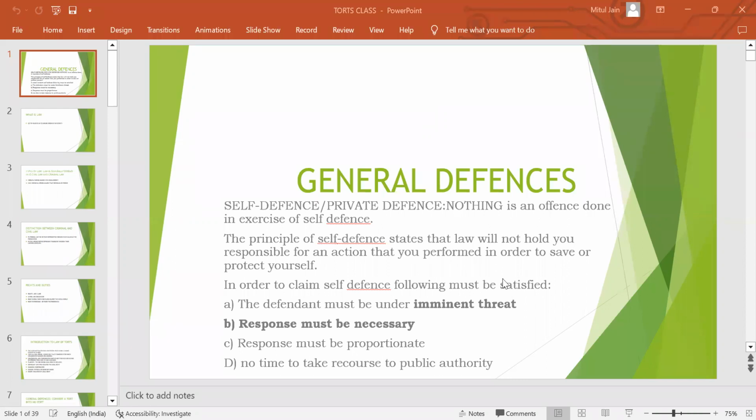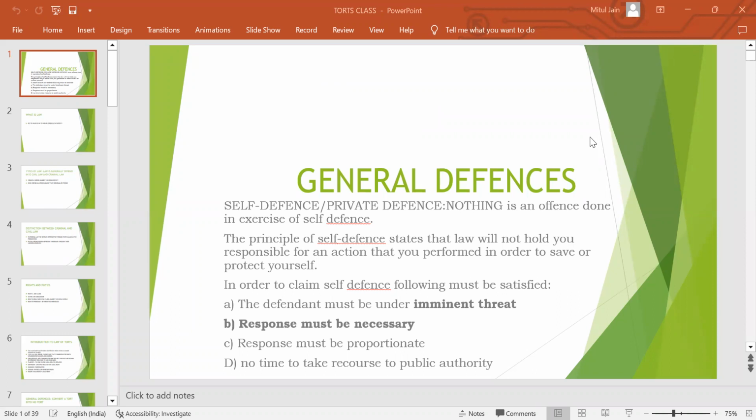Injuria sine damnum means injury without damage. So in this situation, a legal right is violated. Very good, Komal. Without causing any damage, it may or may not cause damage, right? But the violation of a legal right has taken place, and that is the reason why one can claim compensation. Fine.